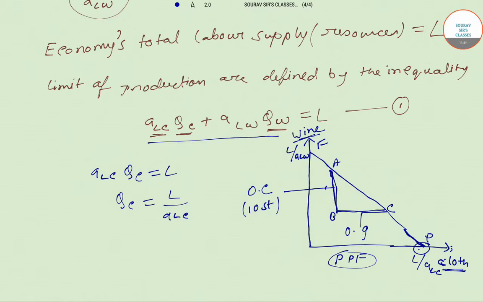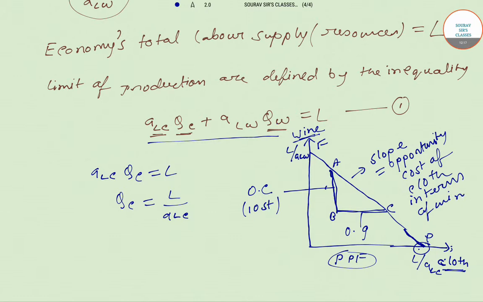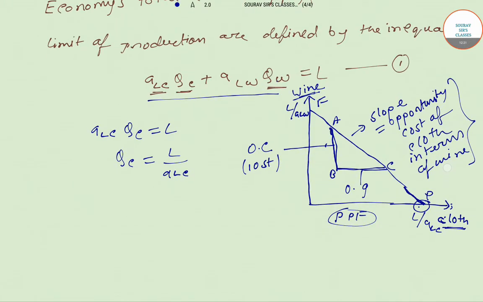So this is opportunity cost, or it is also known as slope, which is slope equals to opportunity cost of cloth in terms of Y.